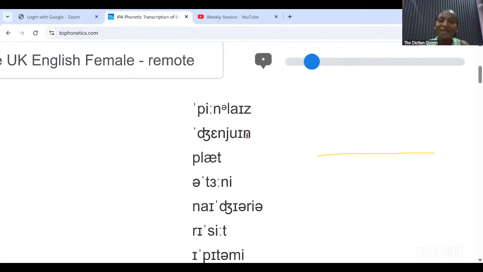Now let's analyze the transcription. The first symbol I have, this symbol right here, is articulated j, as in joy, as in genuine, as in generator, j. The second symbol, look at this symbol here. Some of you might not be familiar with this symbol.